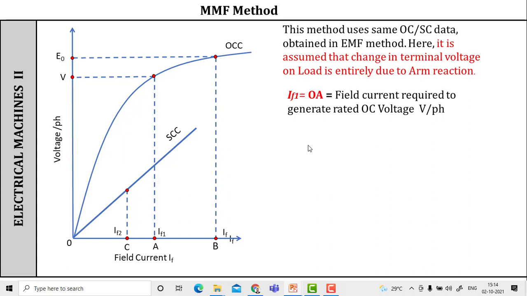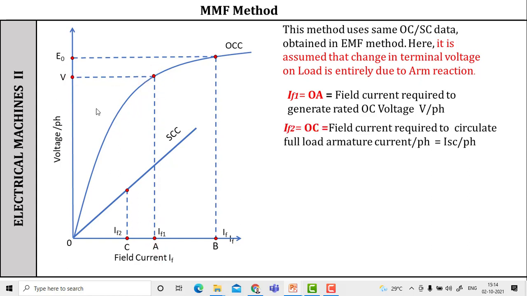Now for this method, what is IF1? IF1 is OA, that is the field current required to generate the rated open circuit voltage per phase. Similarly, IF2 is nothing but OC, and that is the field current required to circulate full load armature current per phase equal to short circuit current per phase.